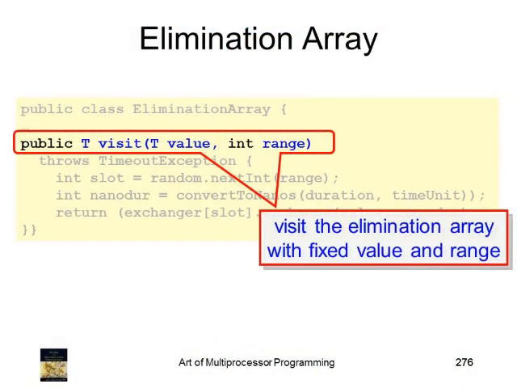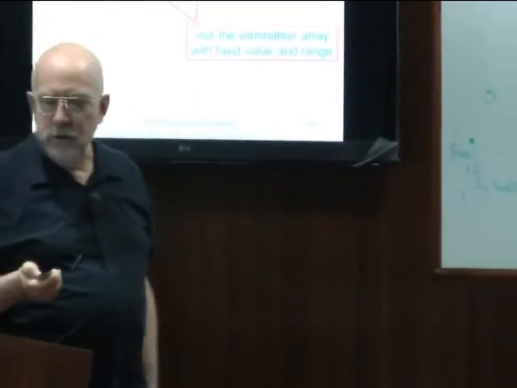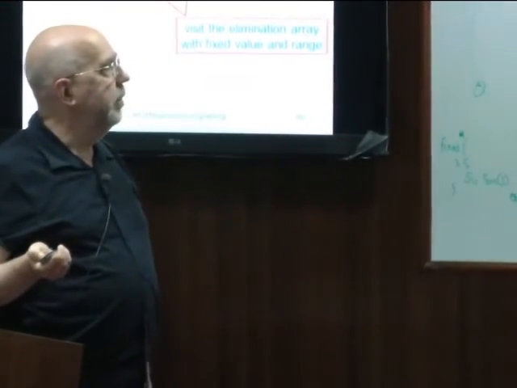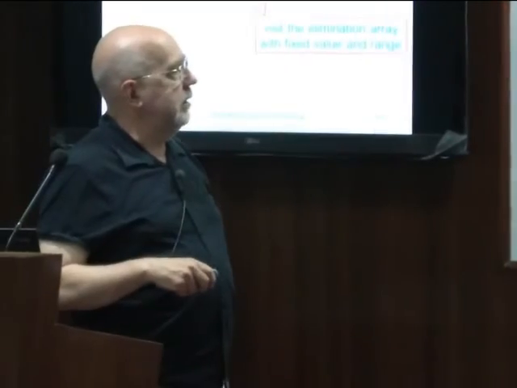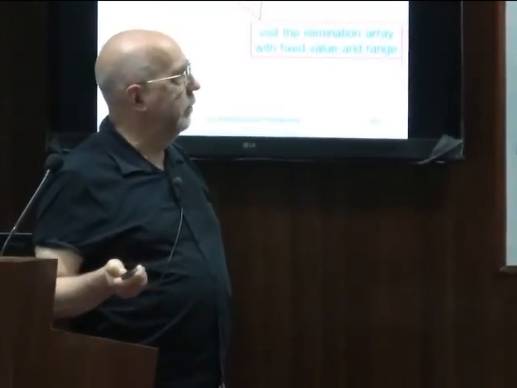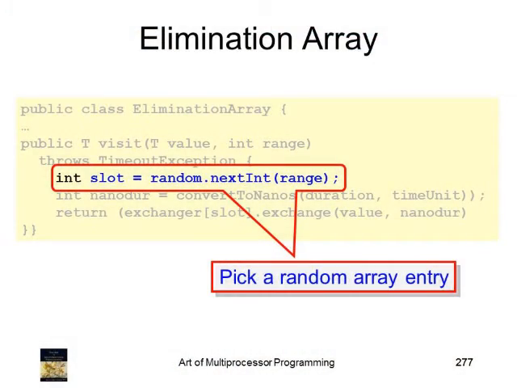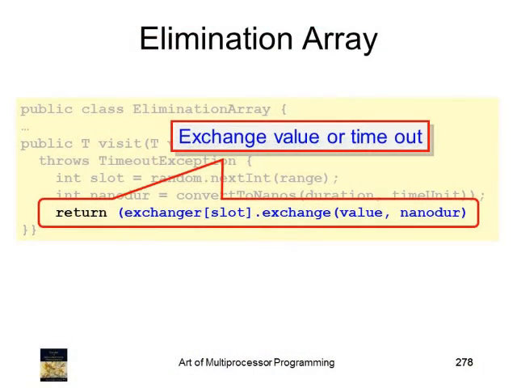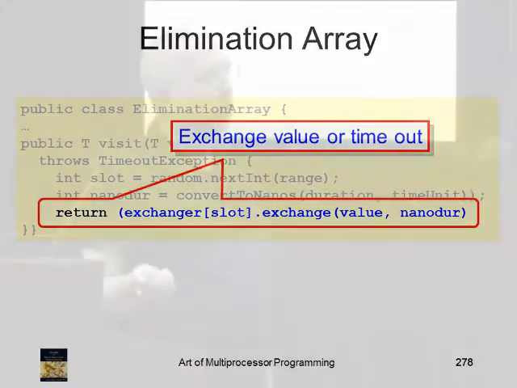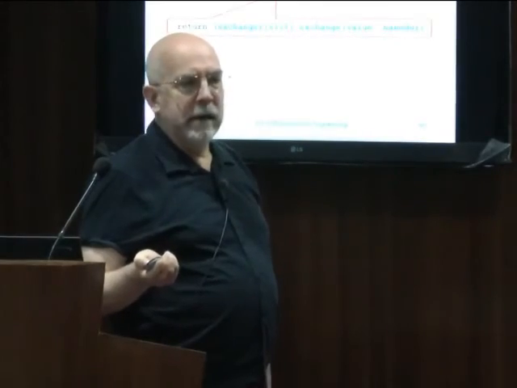Okay, so now that you've seen how to use the elimination array, I can show you the code for this. The visit method visits the elimination array for a fixed range. You pick a random array entry. You either exchange the value or you time out. And the timeout is done as an exception.